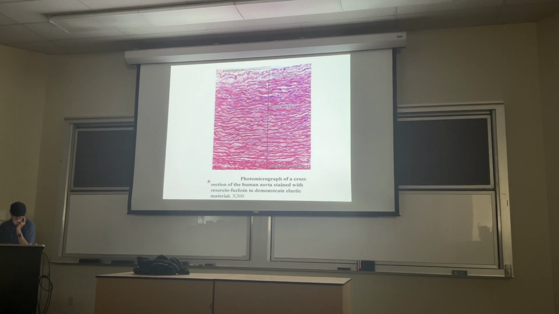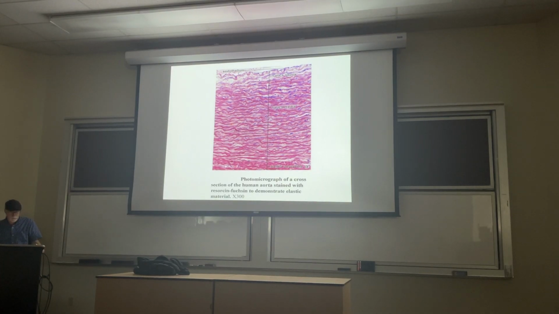This is called the resorcin fuchsin stain. So we haven't talked about that one before. But you see these purple lines here? These are elastic fibers in the tunica media, and it is counterstained here with this resorcin fuchsin stain.